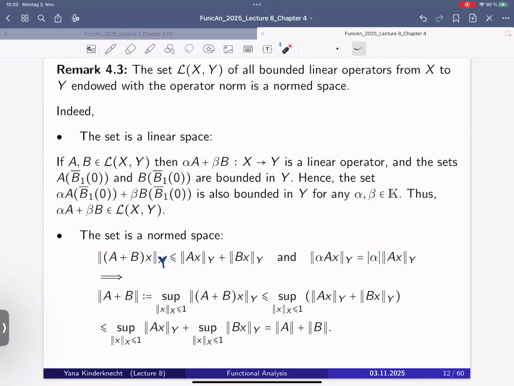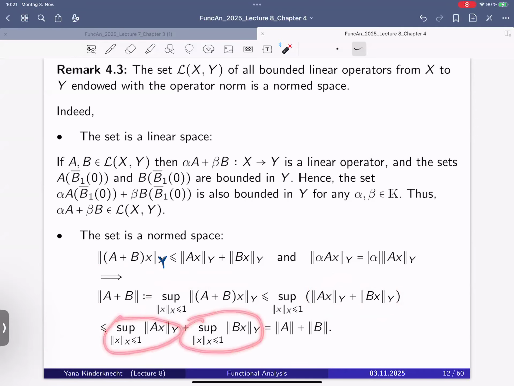Hence, what do we have? We calculate the operator norm of the operator A plus B. This is by definition. And now we use this triangle inequality. So this is smaller or equal than the supremum, and here we have a sum of norms. The supremum of a sum is smaller or equal than the sum of supremums.